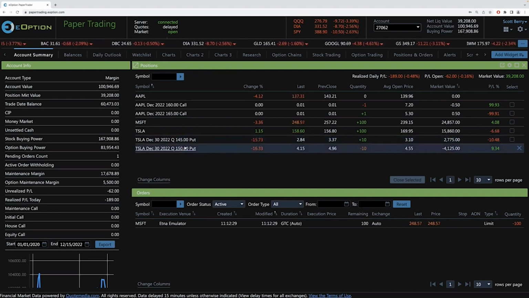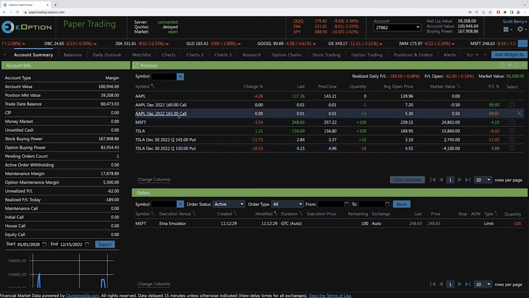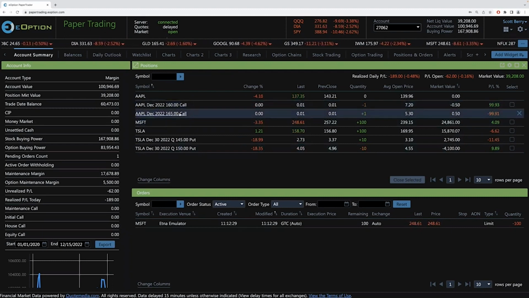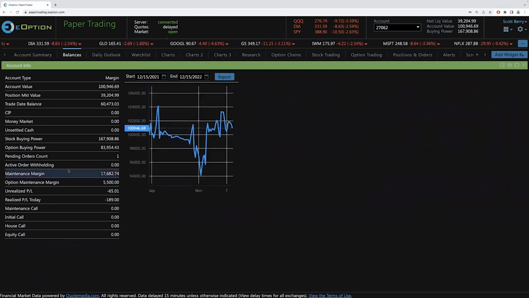Actually, excuse me, the Apple and the Tesla. We have an Apple credit spread that's holding 500 and the Tesla's holding 5,000. So this is a good way to see if you have any kind of option obligations, and this is your overall margin obligation.